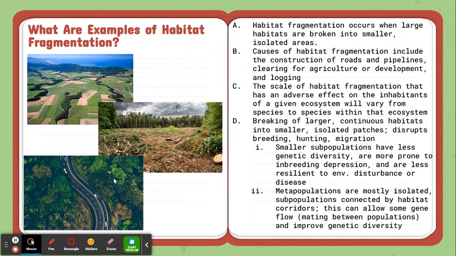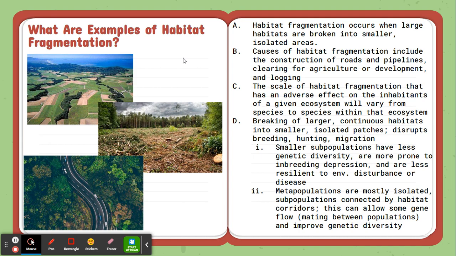Now, some examples of habitat fragmentation we can kind of see in the three images here, right? So we see habitat fragmentation when we take a much larger ecosystem and create much smaller, more isolated areas. This is usually for the purpose of making roads, maybe pipelines, clearing out a forest for agriculture or development.